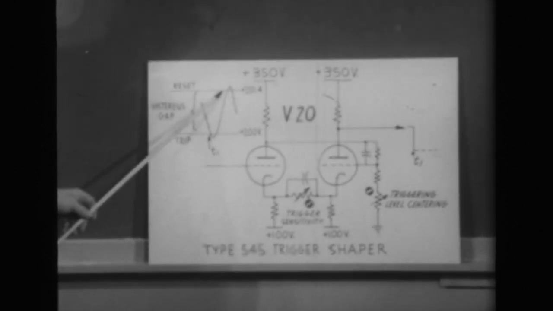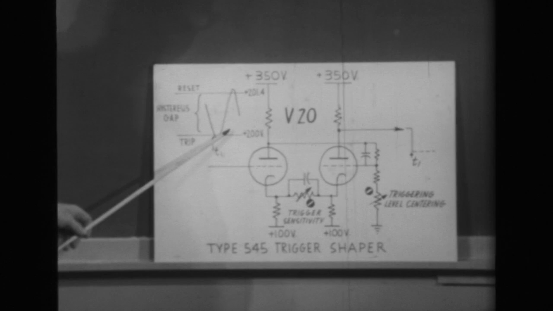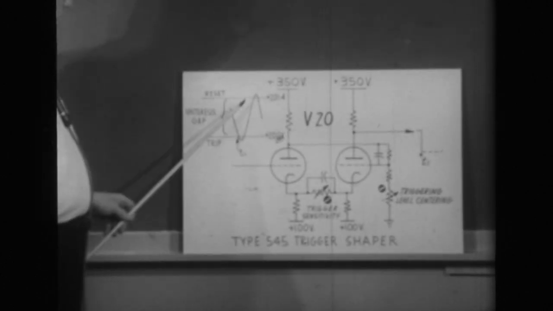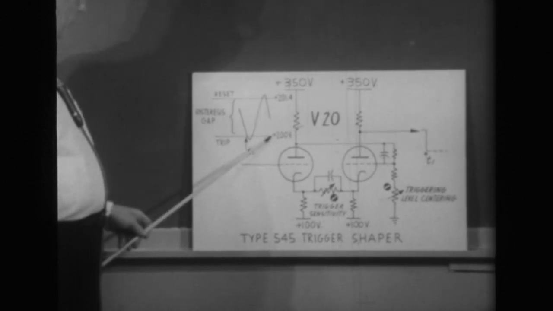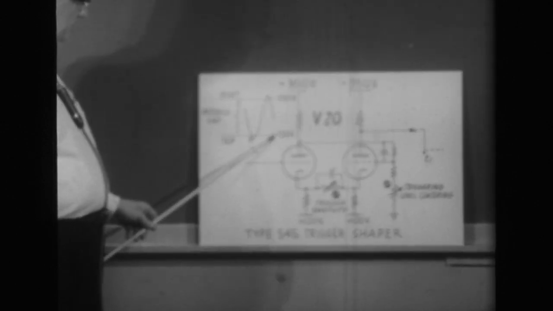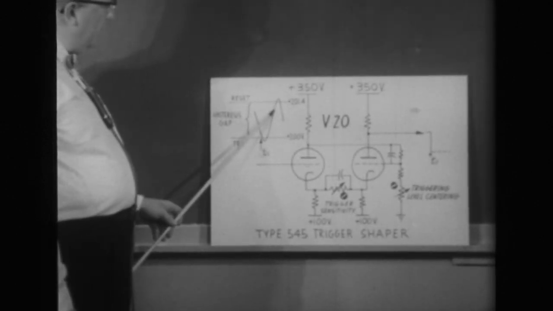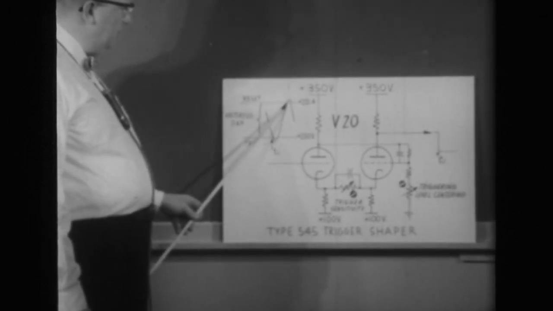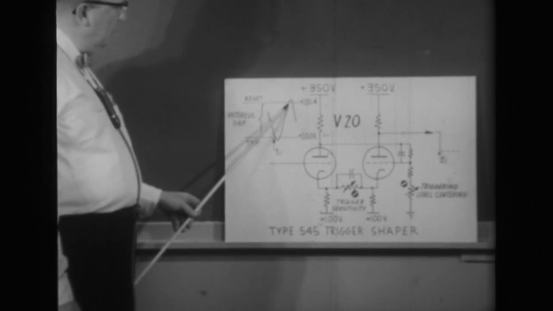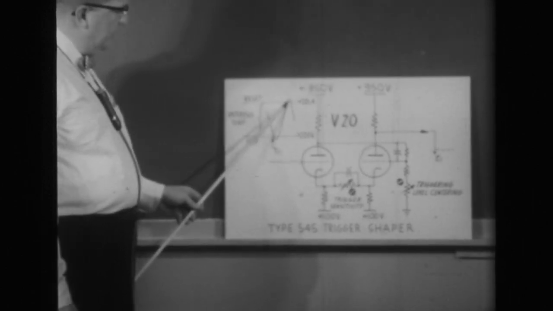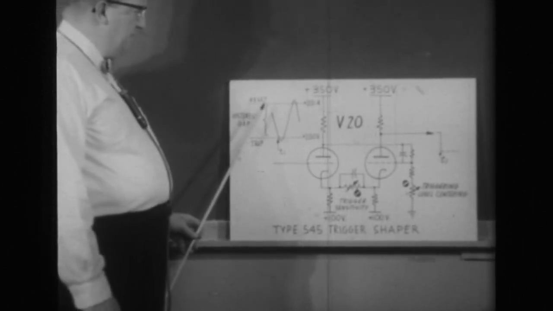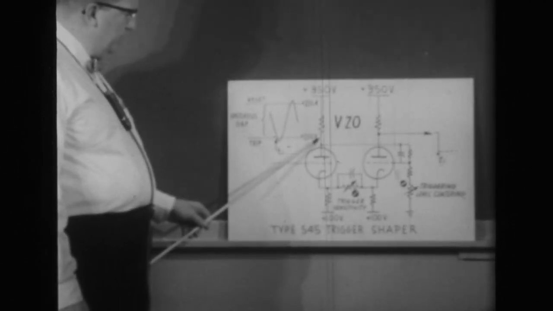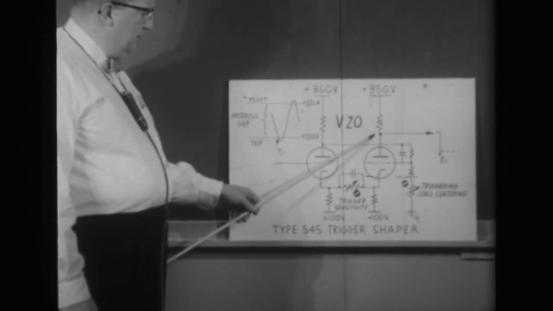The reset voltage level will be something like 1 4/10 volts more positive for this multivibrator than is the voltage level of the trip point. As the input grid is lifted and approaches the reset level and finally penetrates the reset level, the multivibrator will snap back over to the original condition, which is current flowing in the left-hand half and no current flowing in the right-hand half.